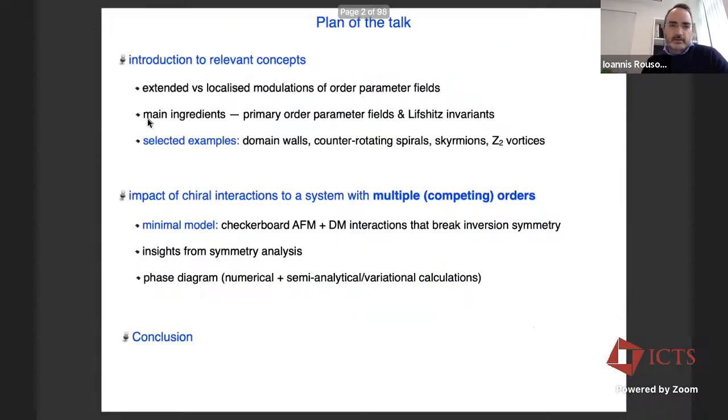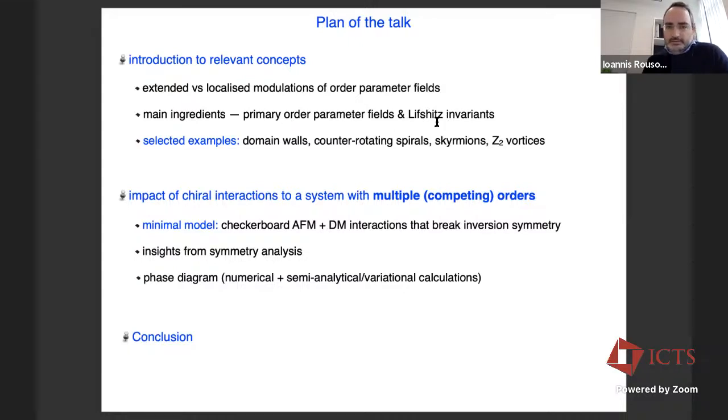And okay, so I thought about the structure of the talk, and I decided to spend some time on providing a general phenomenology of the kind of concepts that we're going to be talking about. I'm going to start from the beginning by talking about the distinction between localized versus extended modulations of order parameter fields.